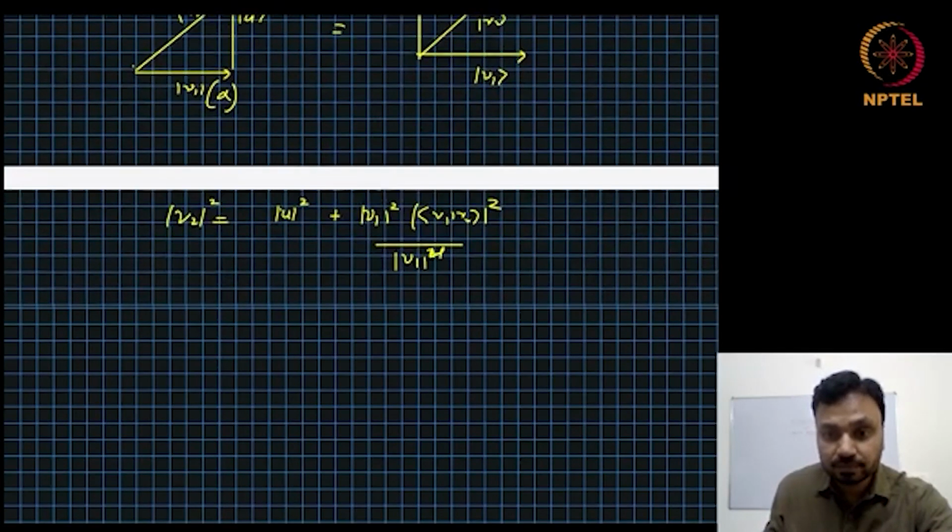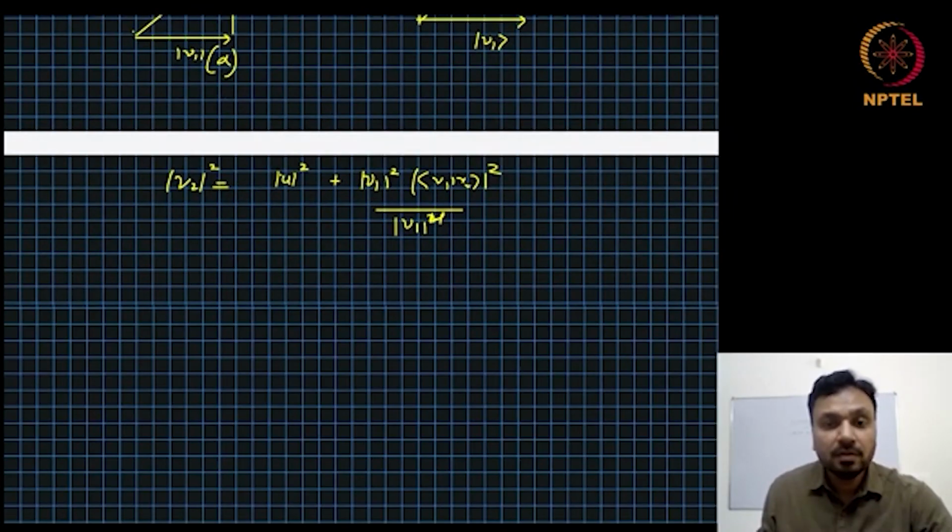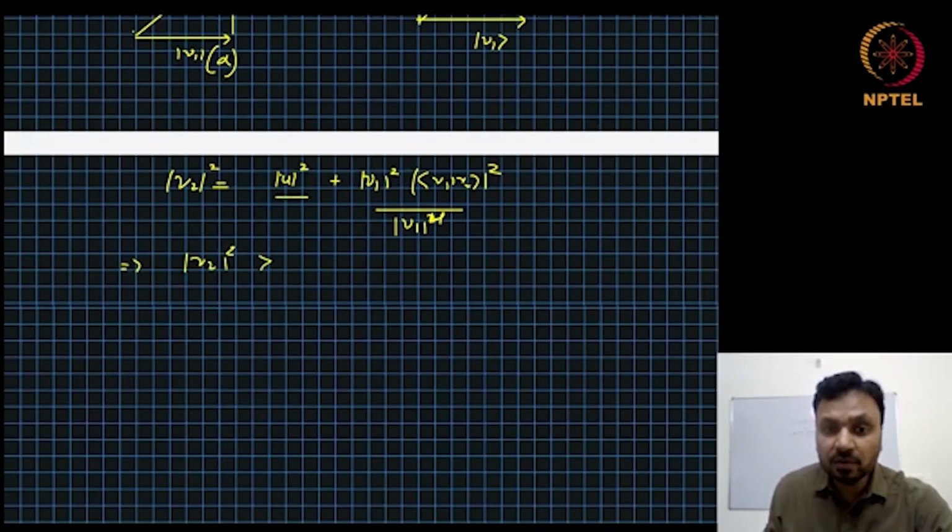Now this is a positive quantity, so we can say |v2|² is always greater than or equal to |v1|² over |v1|⁴ times |⟨v1,v2⟩|².